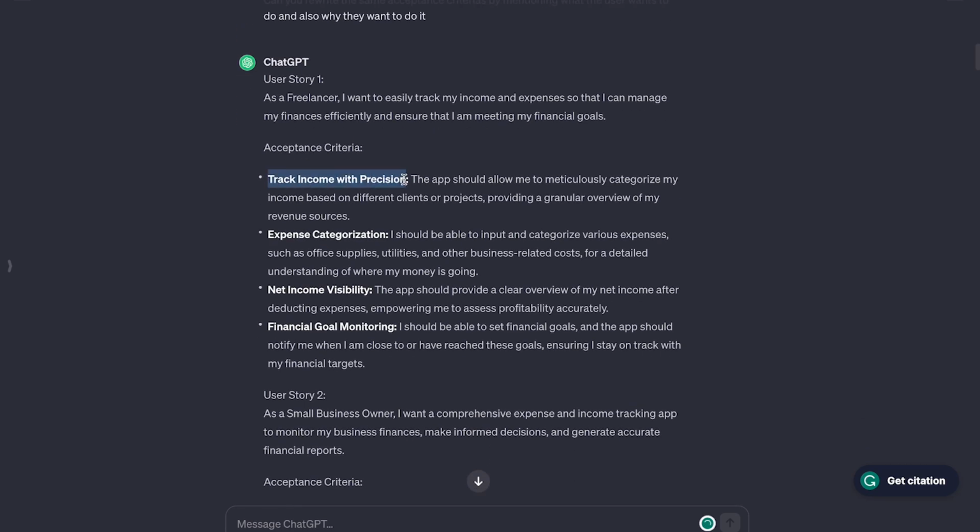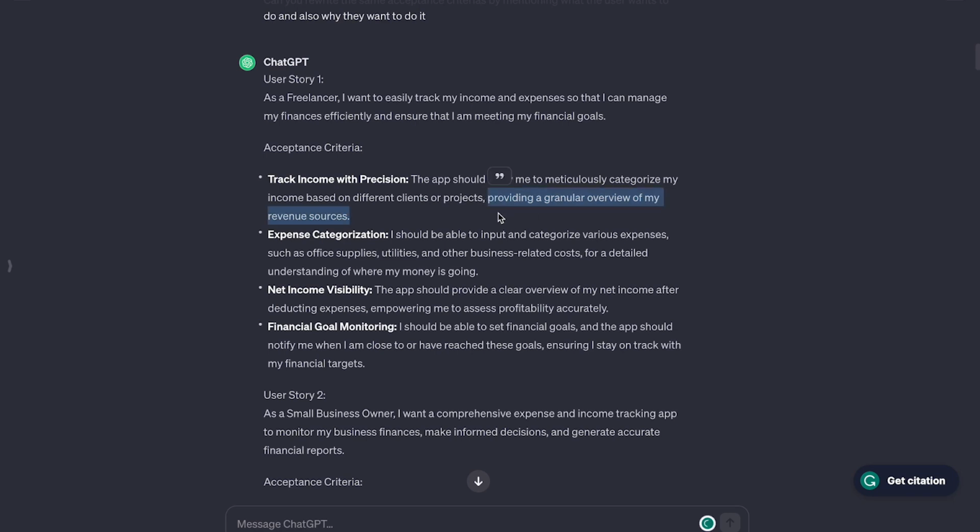So track income with precision. The app should allow me to meticulously categorize my income based on different clients or projects, providing a granular overview of my revenue sources. So here, the what is basically meticulously categorize the incomes into different clients or projects. And the why is basically providing a granular overview of my revenue sources.